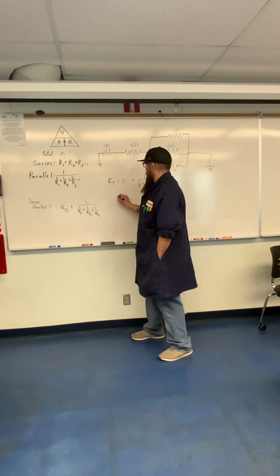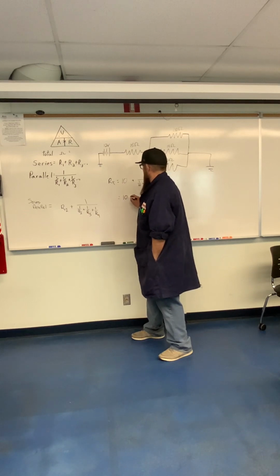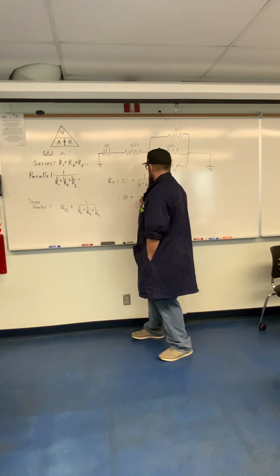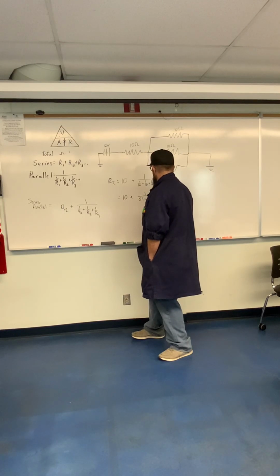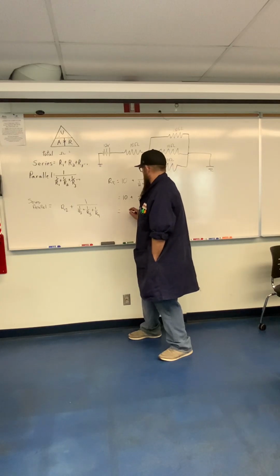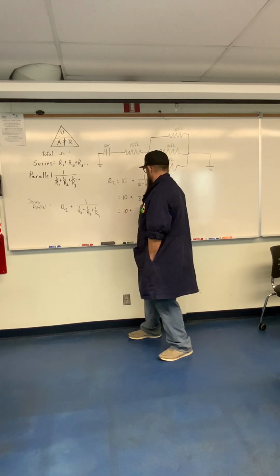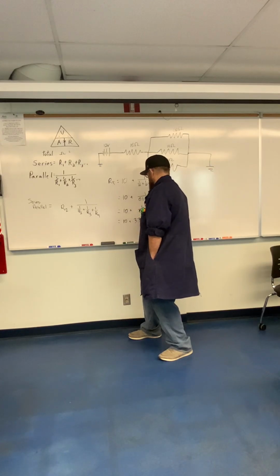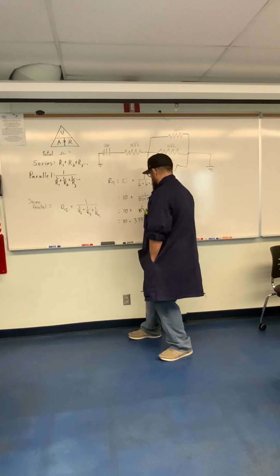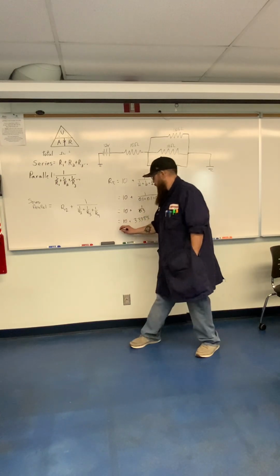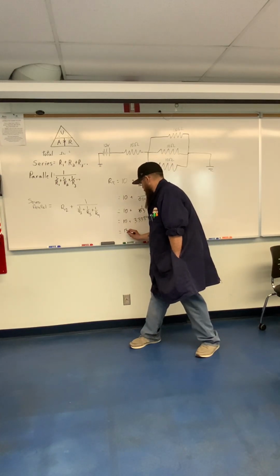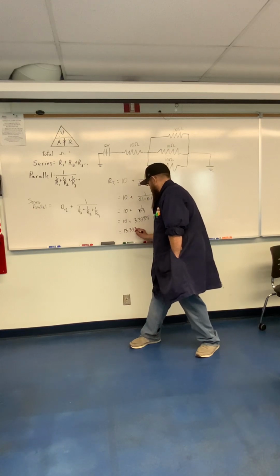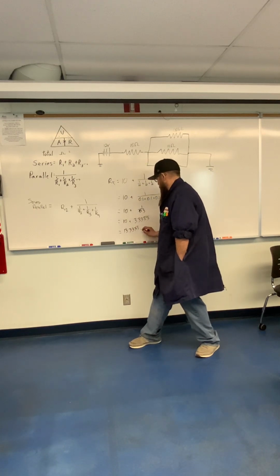We have to continue to reduce this down, so I'm still going to have 10 plus 1 over, and we could go 0.1 plus 0.1 plus 0.1. That gives us 10 over 0.3, which would then become 3.3333 repeating, which would be a total resistance of 13.333 and repeating ohms.